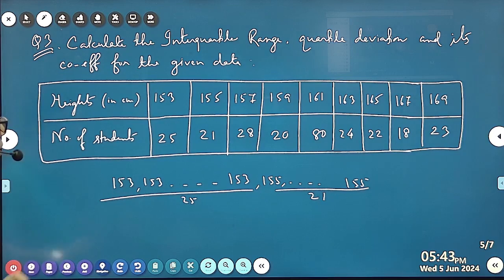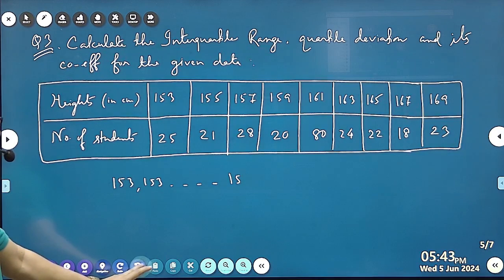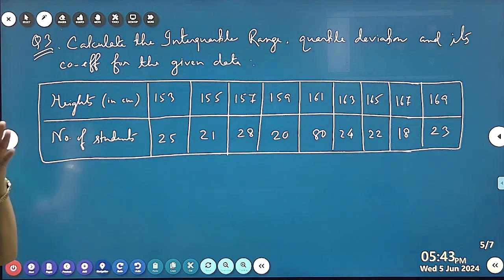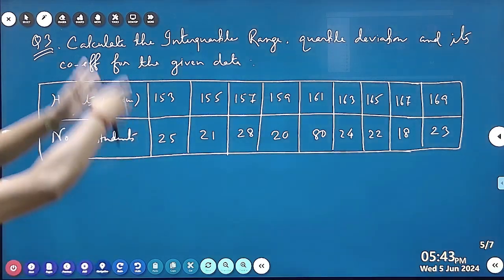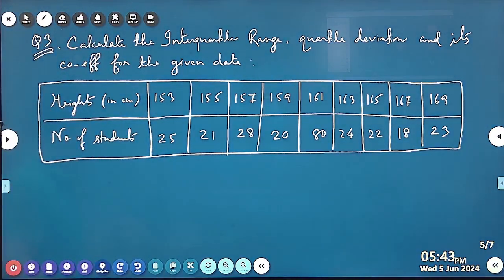Got it now? Now, to get Q1 and Q3, the formula is the same: N plus 1 by 2, N plus 1 by 4, and 3 times N plus 1 by 4. But the problem is, it's given in this discrete form. So what you need to do, I just give a hint and I'll explain. This table, first of all, we will arrange in a vertical way, and then we will find the cumulative frequency.